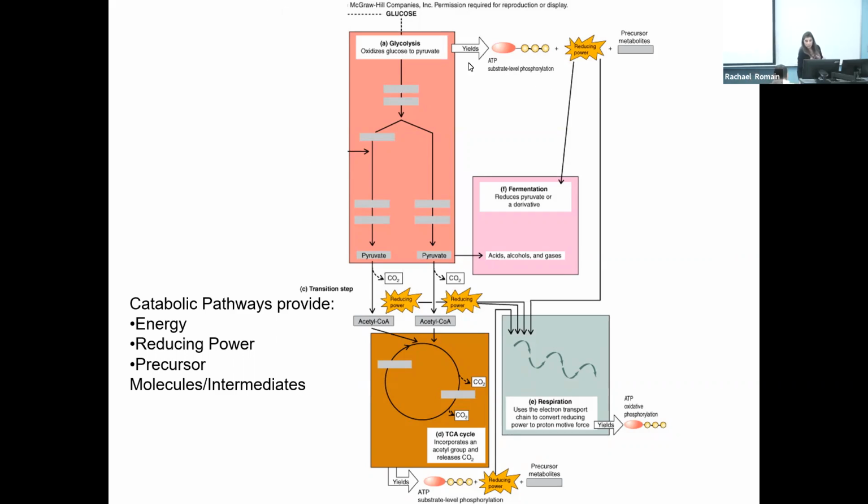You can see here, what comes off of glycolysis is labeled substrate level phosphorylation. What comes off after the TCA cycle is labeled substrate level phosphorylation. The ATP that's made after respiration, that electron transport chain, is all coming out through this oxidative phosphorylation process.